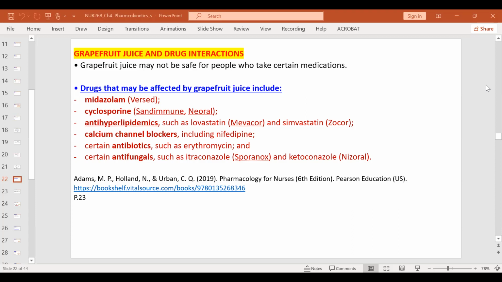Grapefruit juice should be consumed at least 2 hours before or 5 hours after taking a medication that may interact with it.